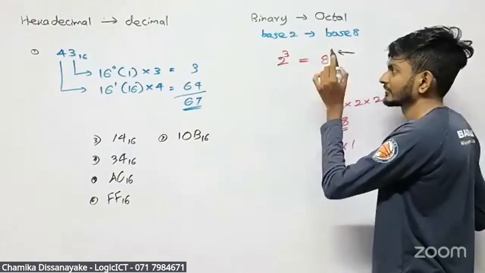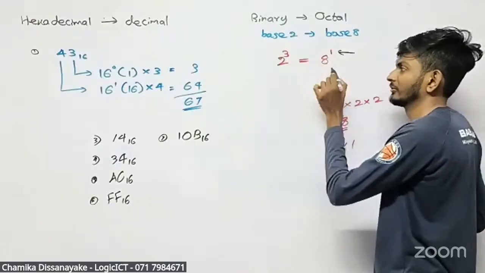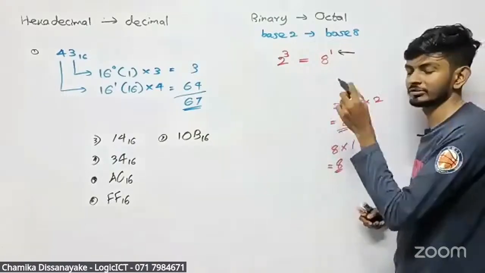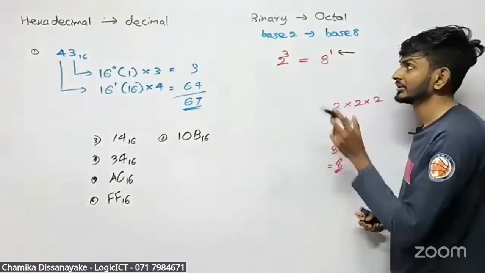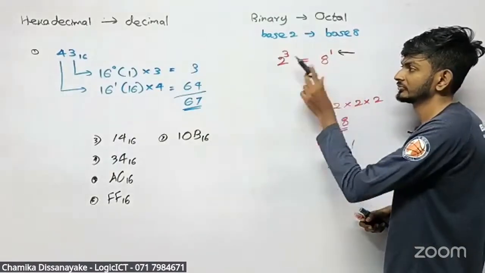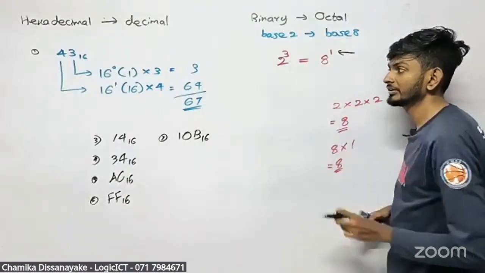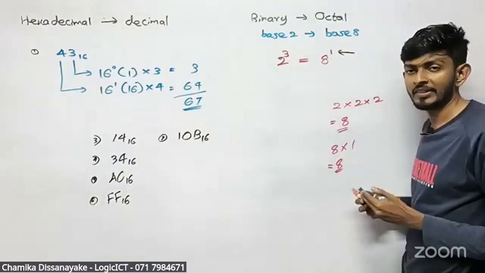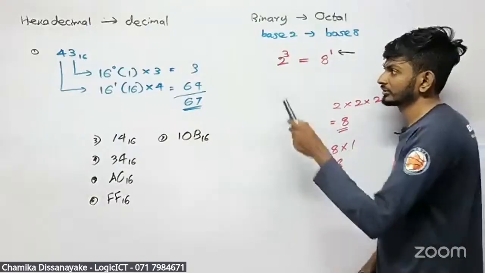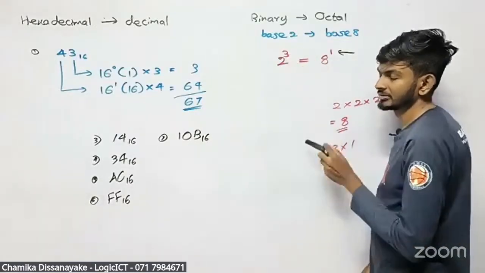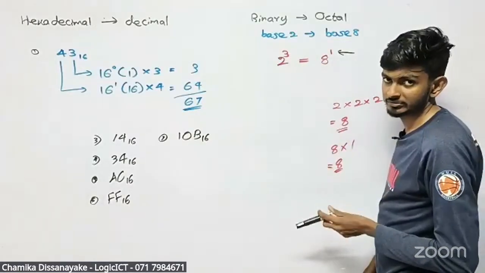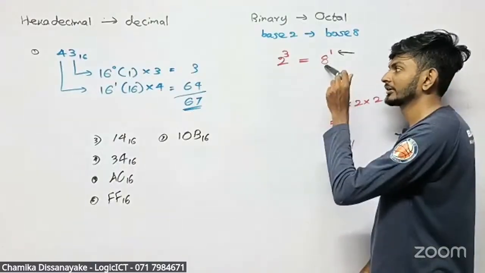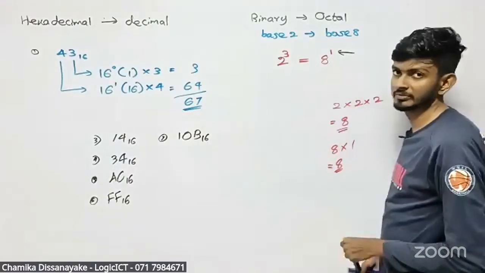And also we can use three digits of the binary number system to write 1 digit of the octal number system.